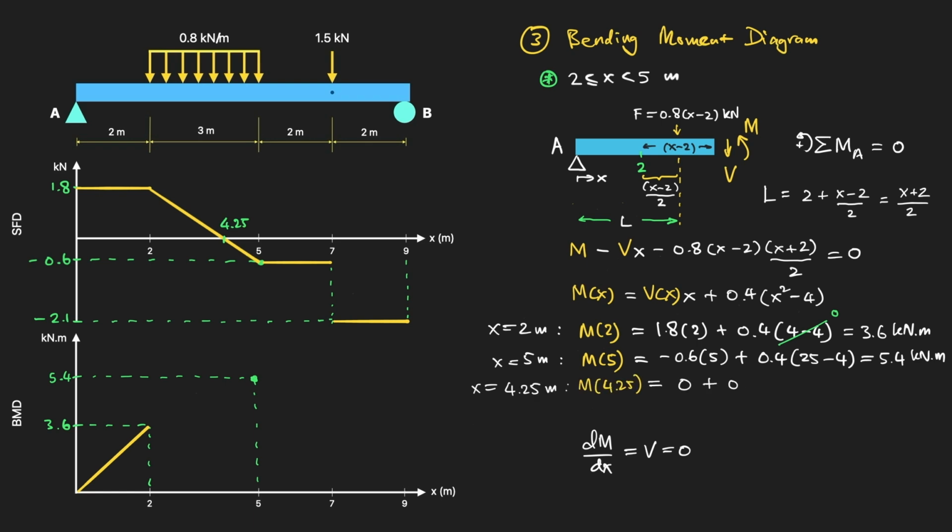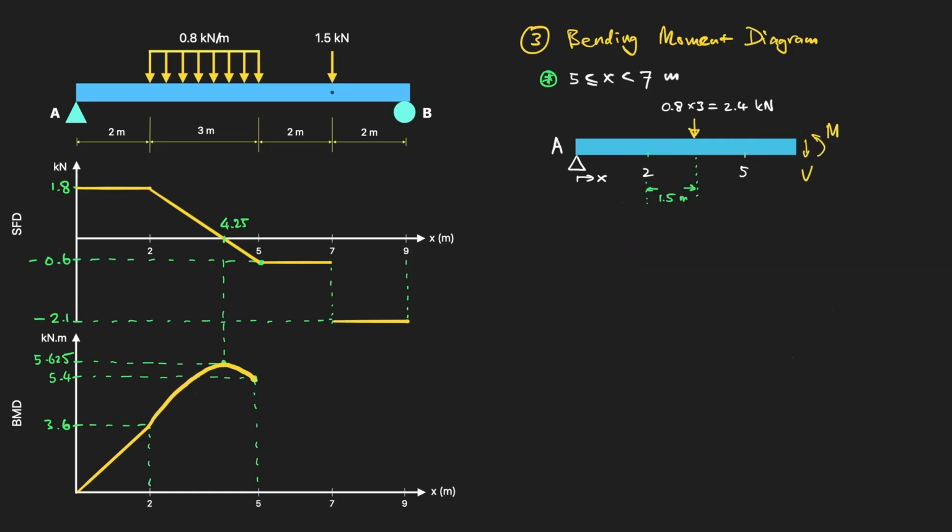So we have only 0.4 times 4.25 squared minus 4, which is equal to 5.625 kilonewton meters. So this is the position of the maximum moment, and the curve will pass through the peak and go down to 5.4 kilonewton meters.